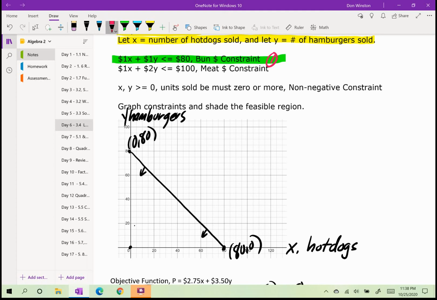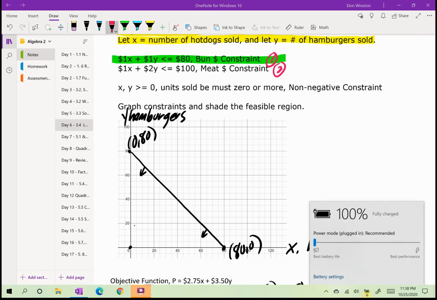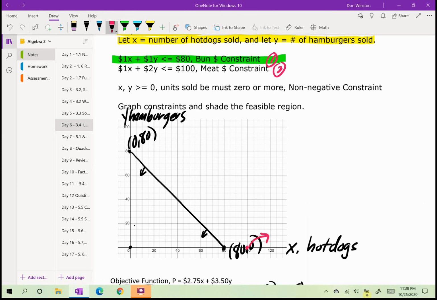And then we can do the same thing for the meat constraint. Again, if she bought all hot dogs, each hot dog is $1, so she could buy 100 hot dogs. So that would be the point here. She could buy all hot dogs and no hamburgers. Or she could buy 50 hamburgers, since 100 divided by 2 is 50, if she bought 0 hot dogs. So the other point is 0 hot dogs and 50 hamburgers.